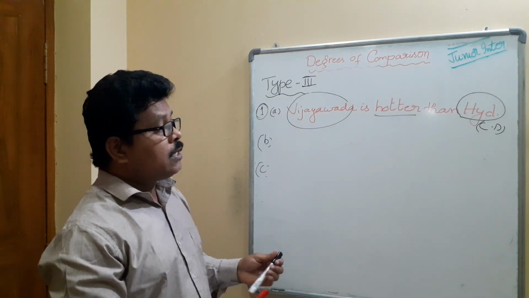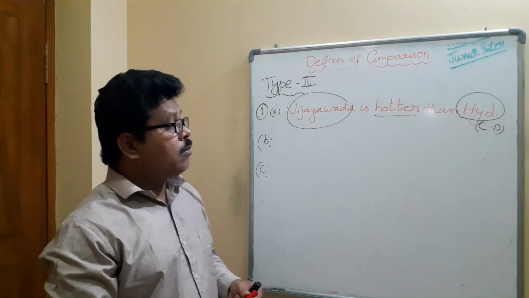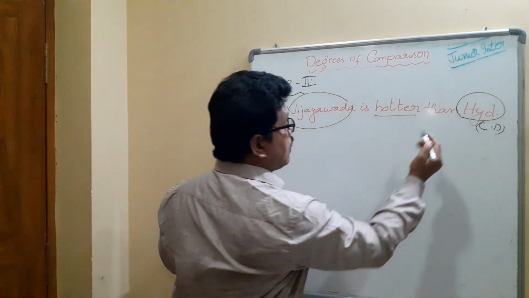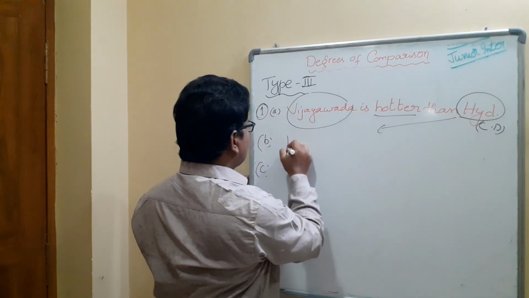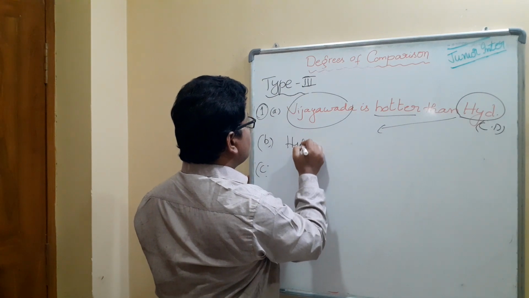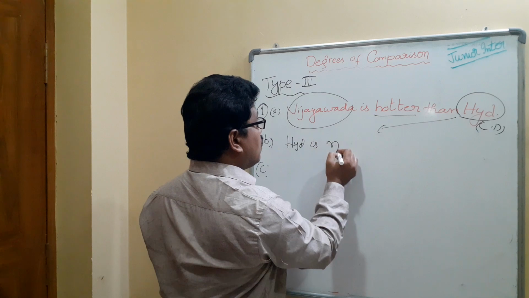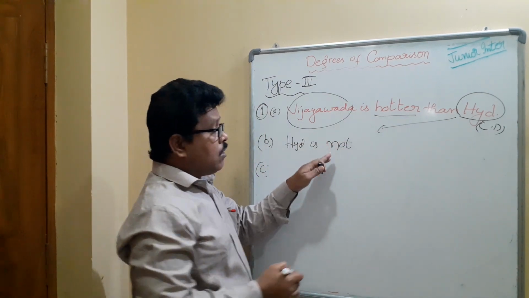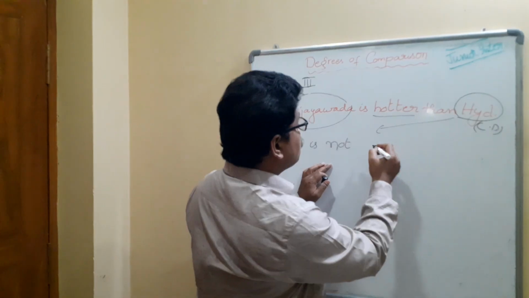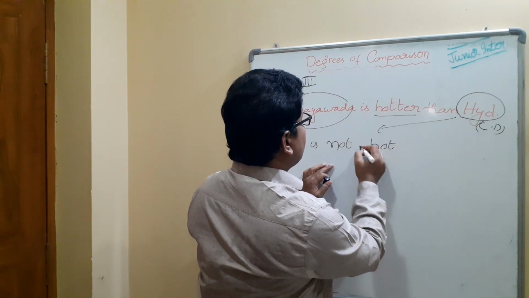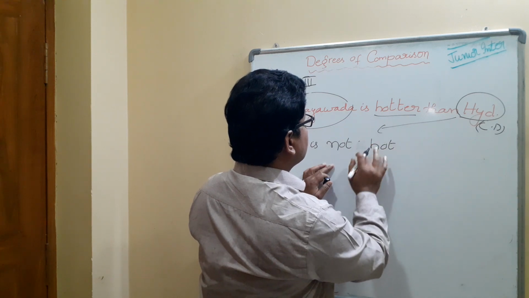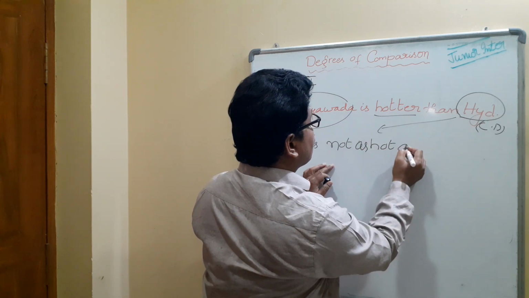Dual comparison. So here CD to first PD, positive degree. How to convert it into positive degree? Okay, Hyderabad, it comes first. Hyderabad is not, positive to negative, negative to positive. Not hotter, positive, hot. Here one so, either one so, one as, either one as.